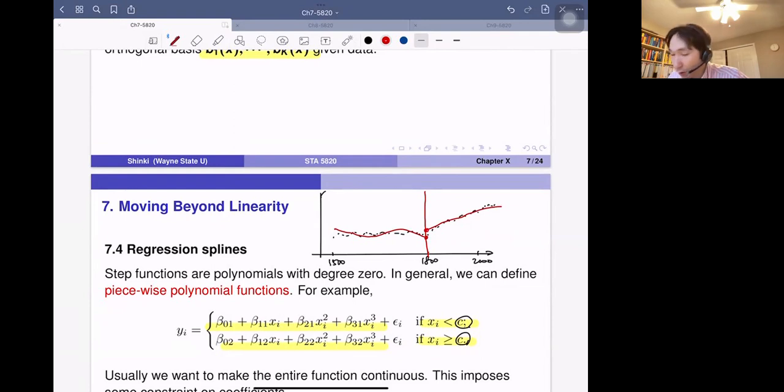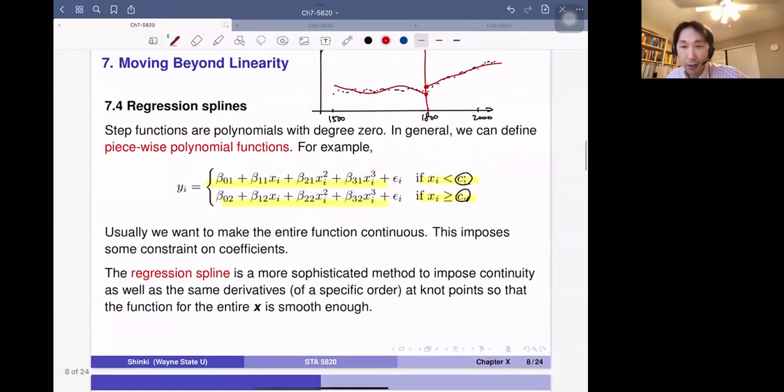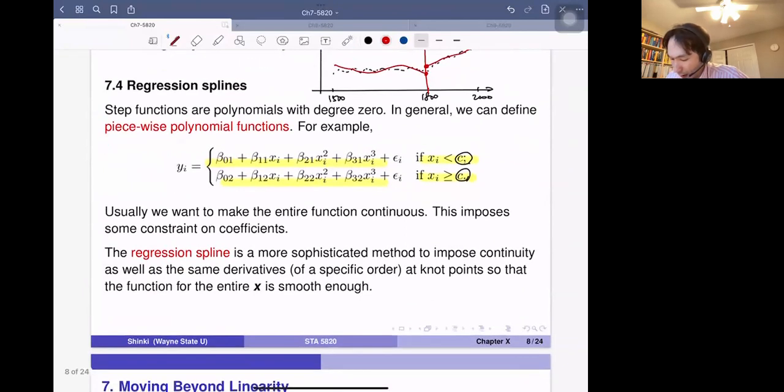At least we need continuity. We need some restriction that this point and this point should be the same. For some physical problems, even the curve should be smooth at 1,800. So we need some additional assumptions for this. That is the idea of regression spline.